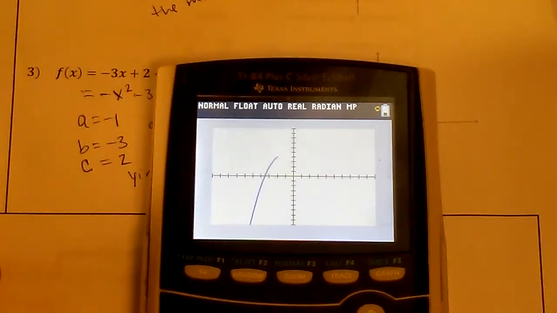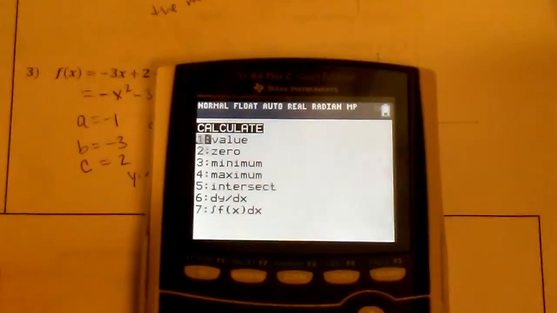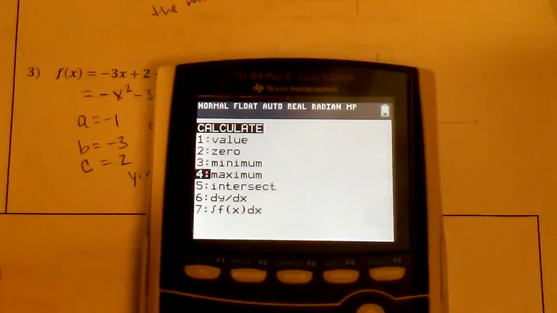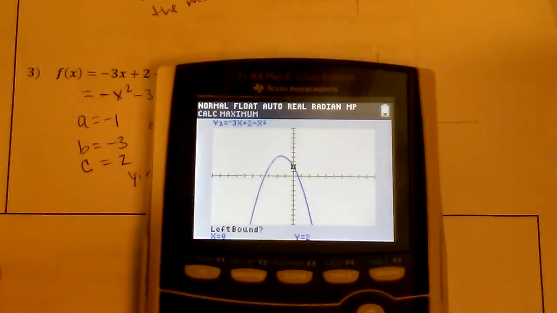Excellent. So this one has 2 x-intercepts. It opens down, and so let's find the approximate coordinates of the vertex. So I'm going to go to the calculate menu. Hopefully you've already done this. And I want a maximum since it opens down, so number 4, maximum. And this is where it's saying left boundary, hit enter.